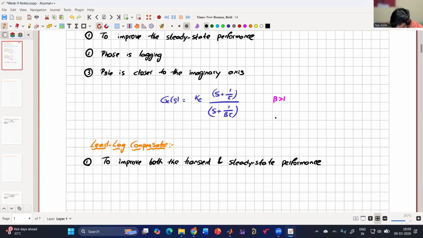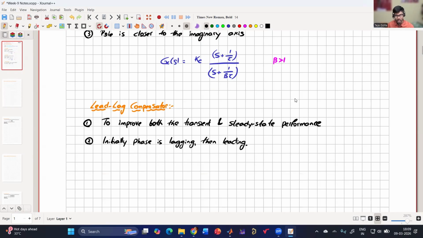Second point: initially the phase is lagging, then leading, because first the lag action will come, then the lead. And then it is a combination of lag and lead compensation.